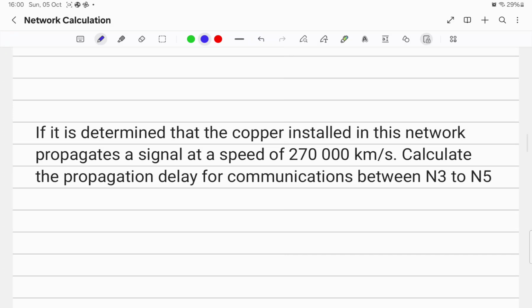The next question says, if it is determined that the copper installed in this network propagates a signal at a speed of 270,000 kilometers per second, calculate the propagation delay for communications between N3 to N5.